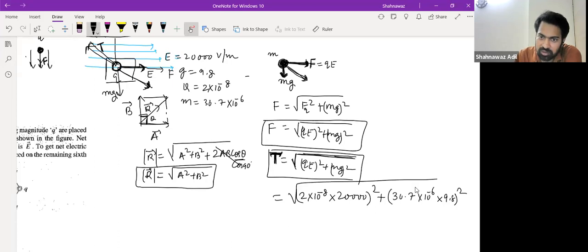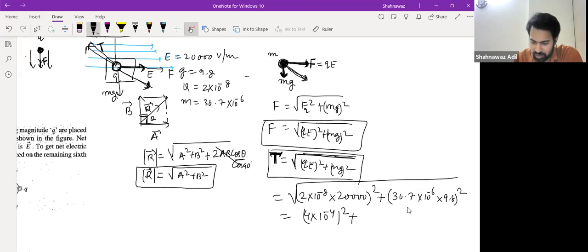Okay, so this is 4 into 10 to the power minus 4 square, and this is 30.7 and 9.8. So this we need to calculate.